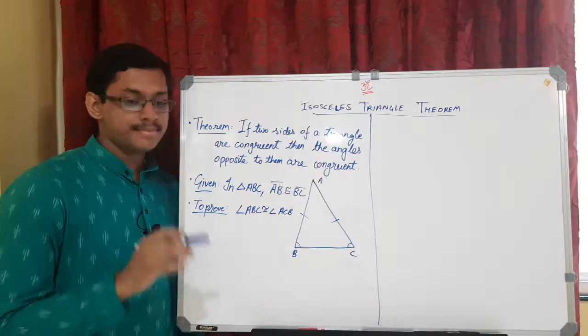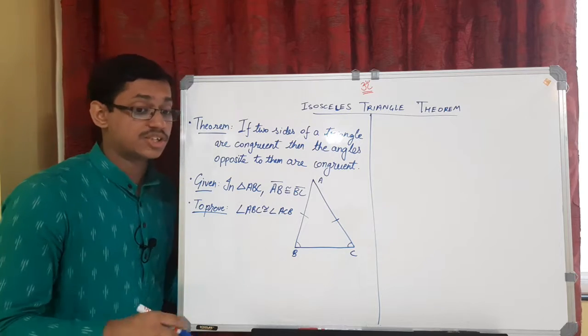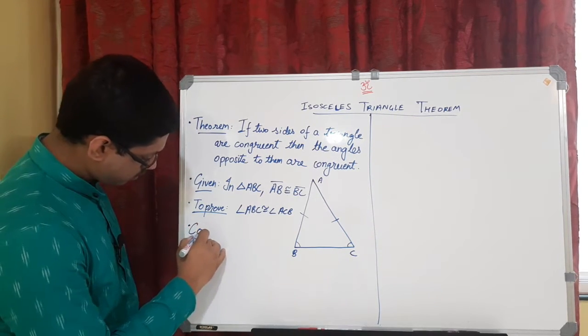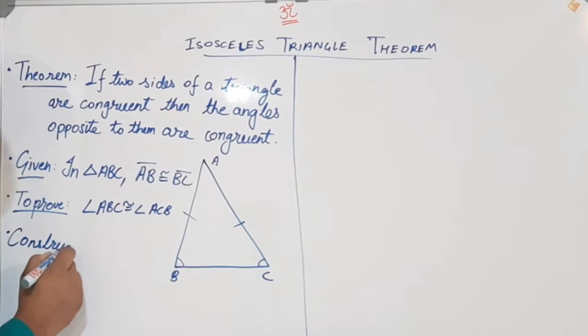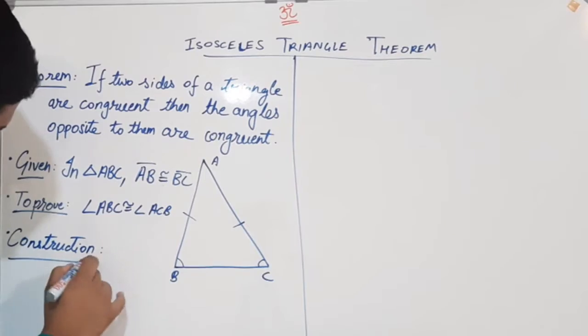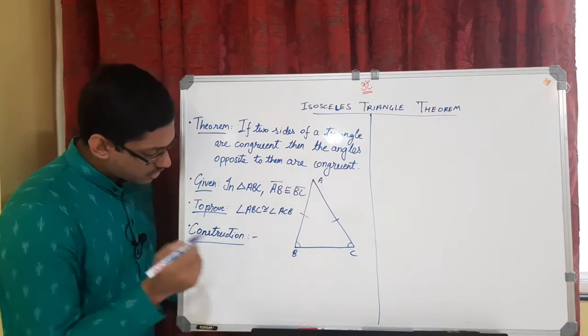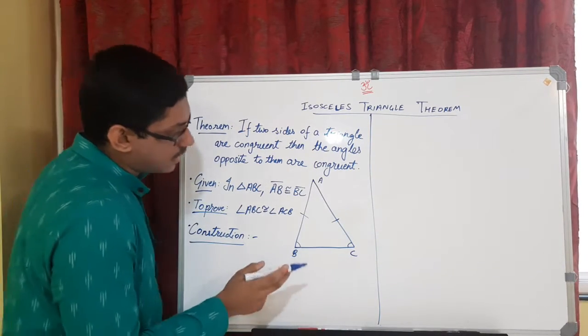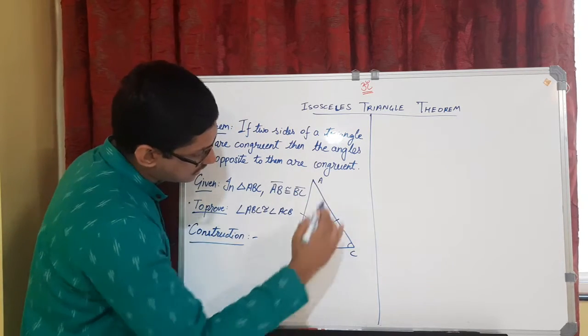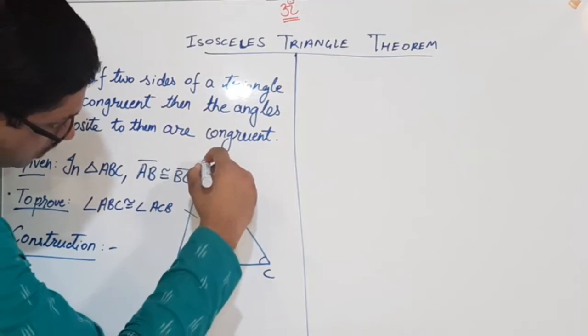Done, sir. Alright. Now we have to do a construction here. So write construction part. Construction. The construction part is, see, we have to draw a bisector of angle BAC like this.